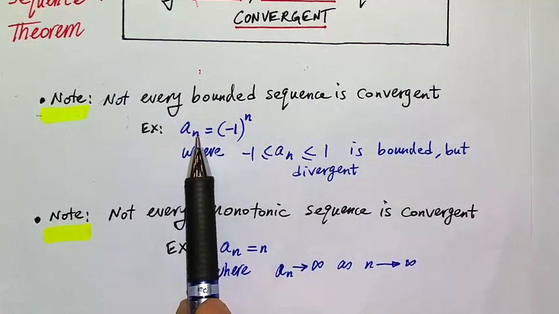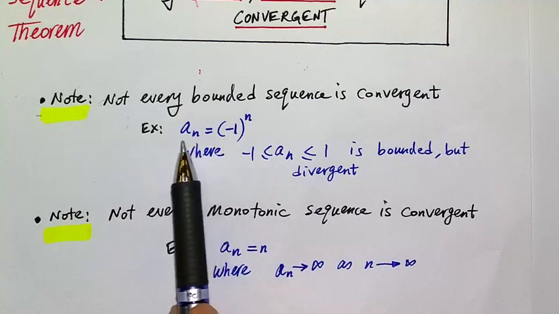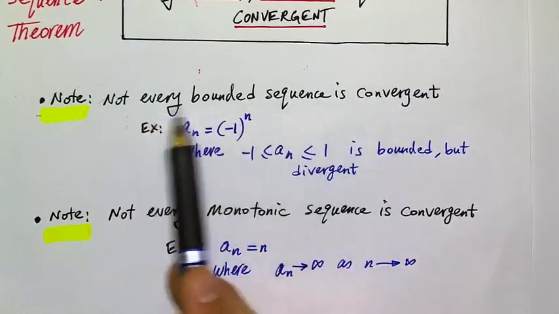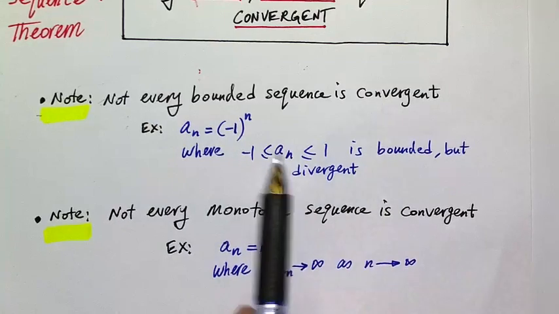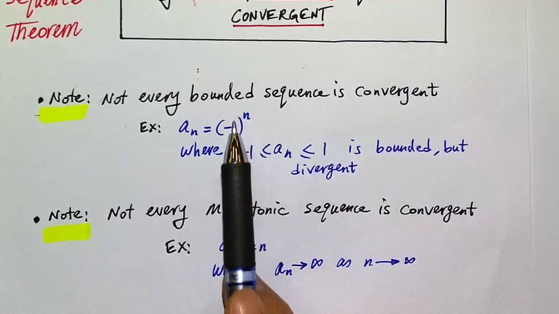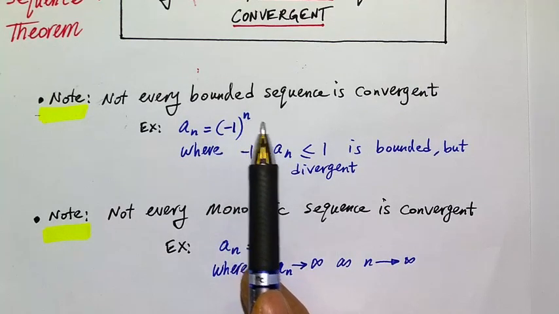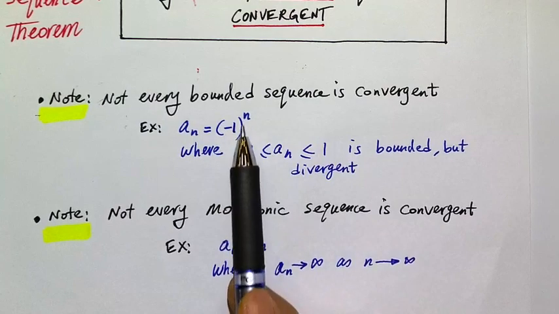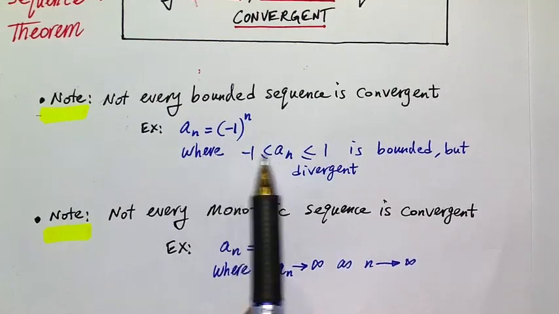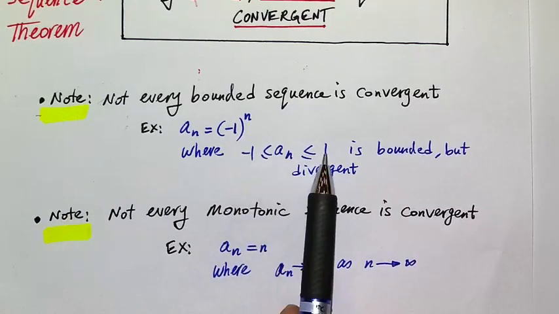For example, this simple sequence here, simple but useful, is a very useful example to demonstrate what this statement is saying. The sequence will range between -1 and 1. As you change n from 1 to 2 to 3 to infinitely many odd and even powers, the sequence value jumps between -1 and 1.